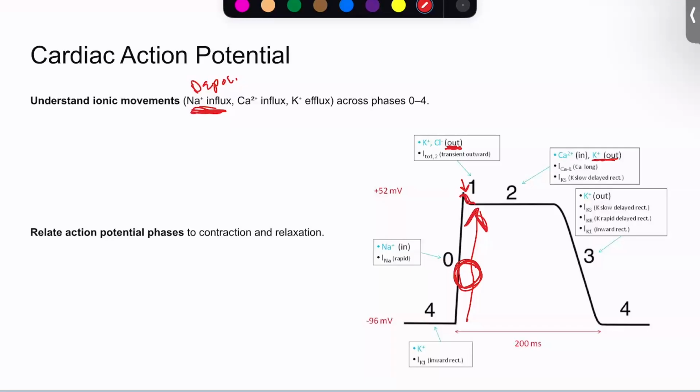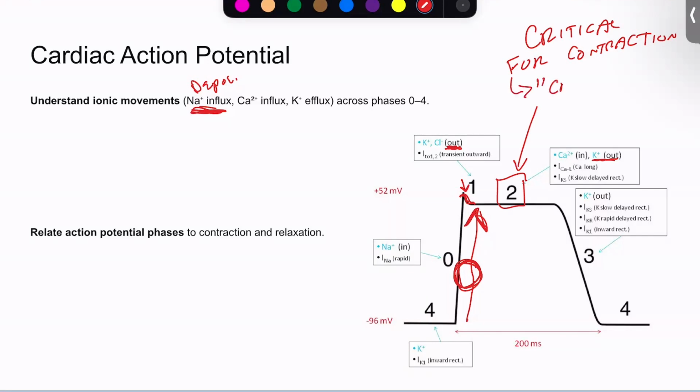And so this stage here is critical for contraction. So whenever we have the calcium that's entering the cell, it triggers something called calcium induced calcium release from the sarcoplasmic reticulum.